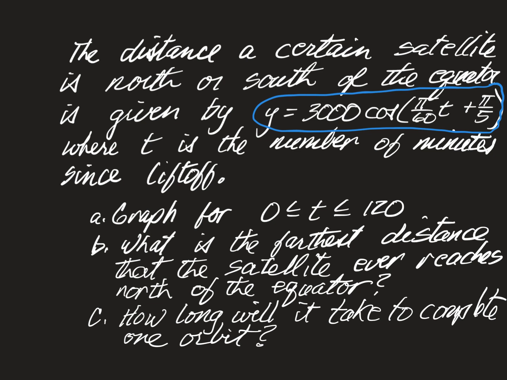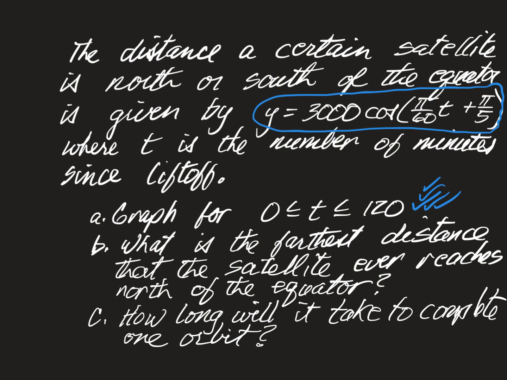A, we want a graph for 0 less than or equal to t less than or equal to 120. This is not something you're going to do in your assignment, but you may want to automatically add it as part of the questions that you're going to do. Just graph the thing. It'll help you understand and work out what you're trying to find every time.